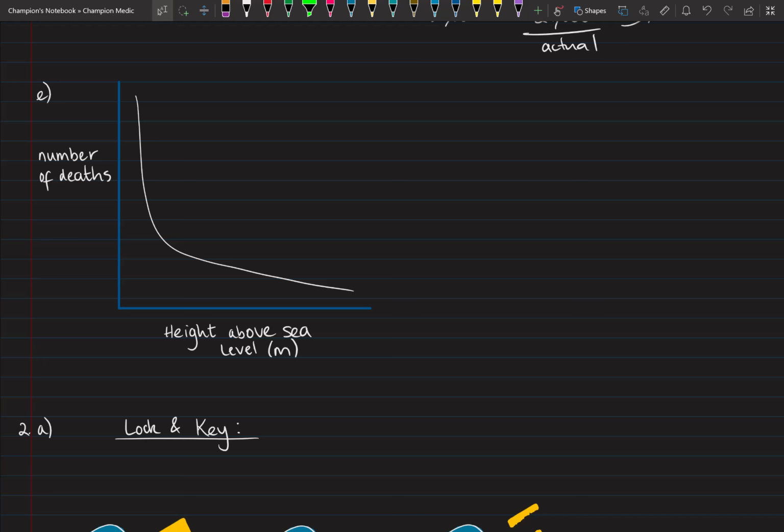If we look at the graph, we can see that as the height above sea level, which is on the x-axis, increases, we see a decrease in the number of deaths per 10,000 from cholera. So that's going to be your first mark point, and that's negative correlation. You can also say that to get you the mark, just from interpreting the graph.